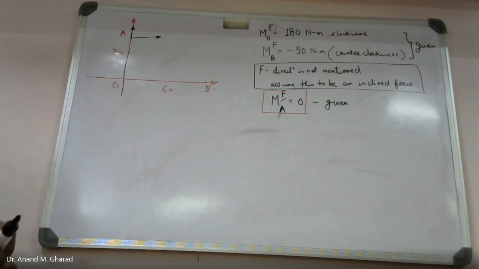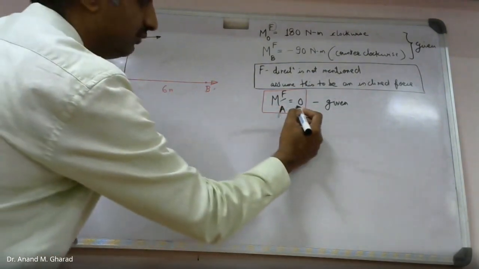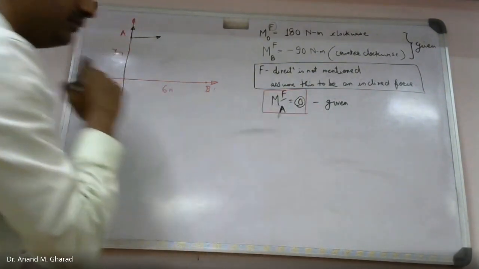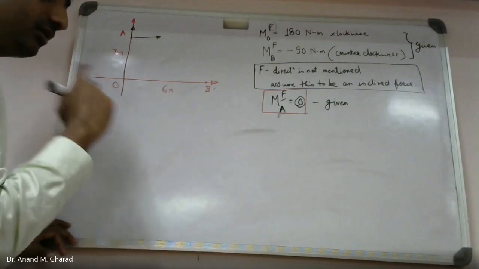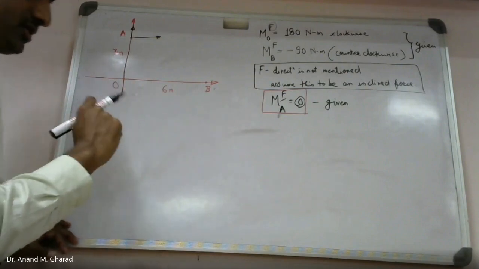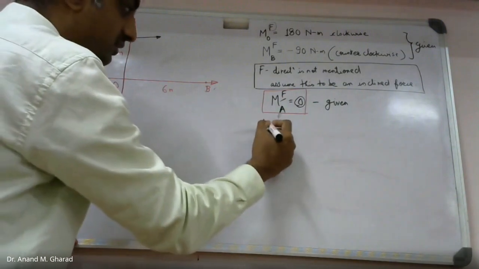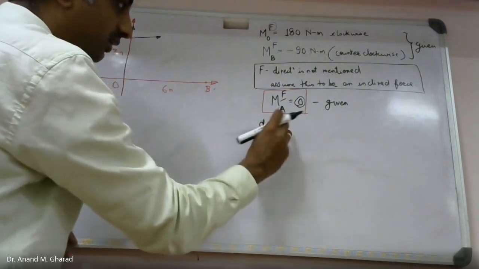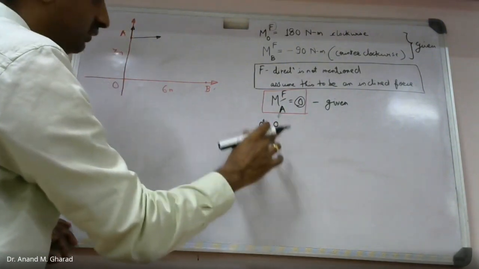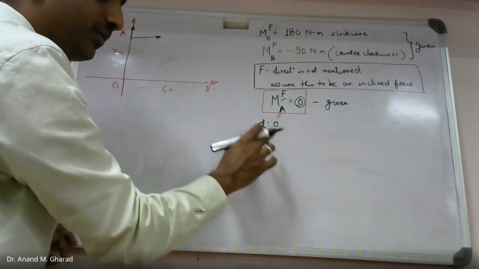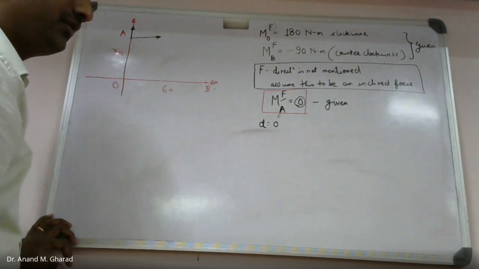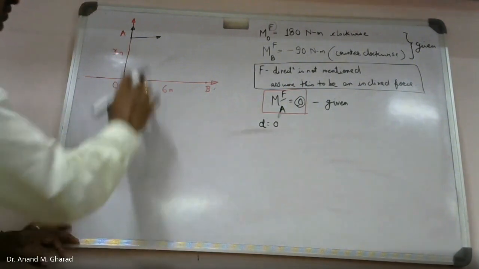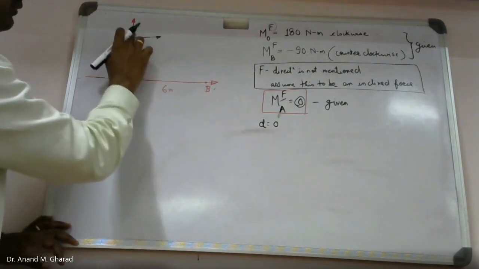Now see, one thing you remember. When do we achieve this condition? When the perpendicular distance is 0, or in other terms, the line of action of the force is passing through that point. Right? So both these options are correct.